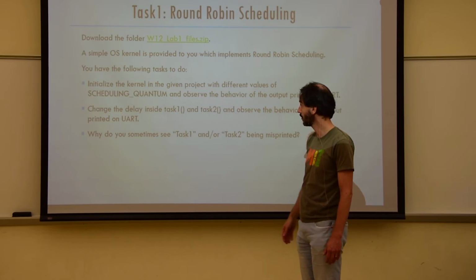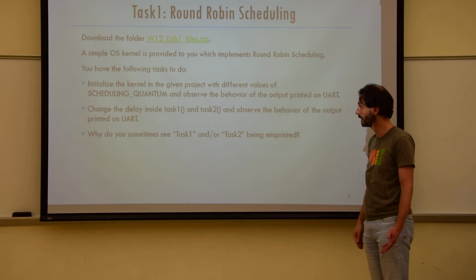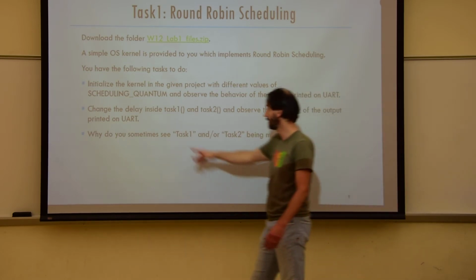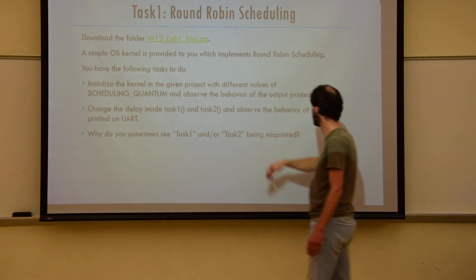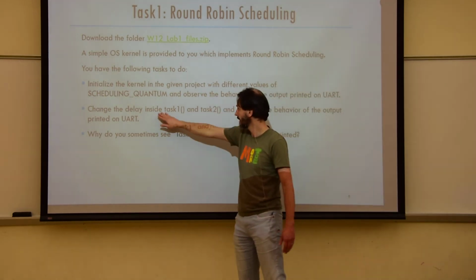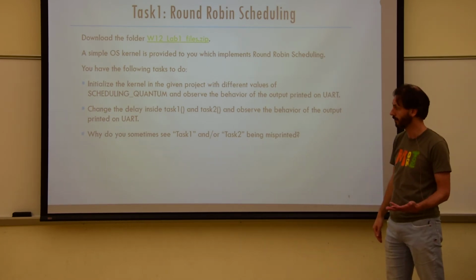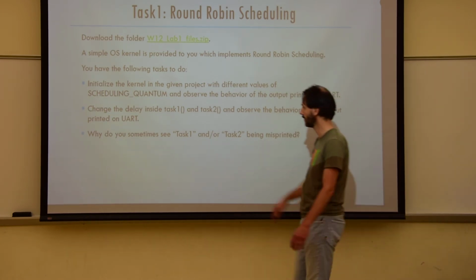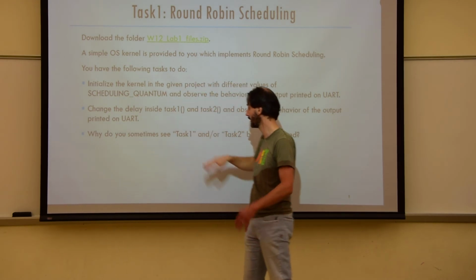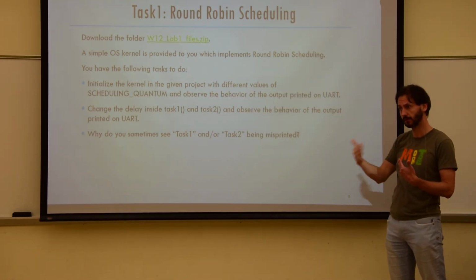And what you're going to do is you initialize the kernel in this project with different values of what this could be, and observe the behavior for the output printed on the UART. Change the delay inside task 1 and task 2 and observe the behavior of the output printed on the UART. So you have already 2 tasks in this packet, right? And you're going to change the delay to just find out what kind of pattern you see.